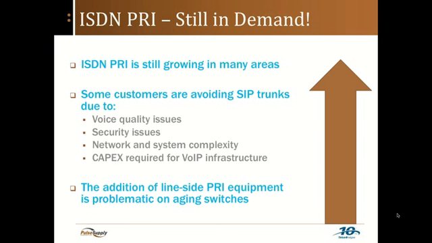And we understand it is difficult for you in certain cases to add ISDN PRI or line-side equipment on your aging switches, either because their manufacturer discontinued or because the equipment is simply not available for you to do this.